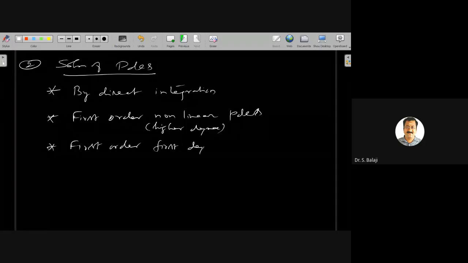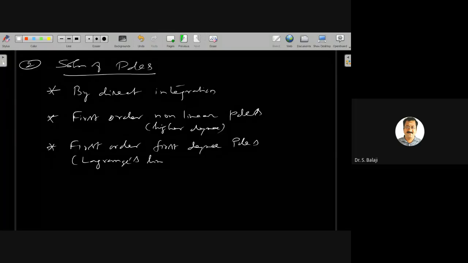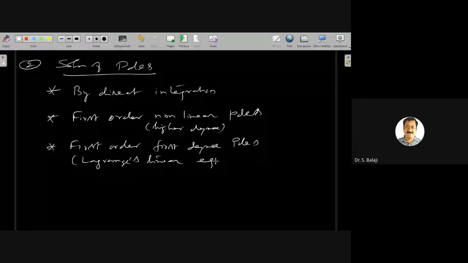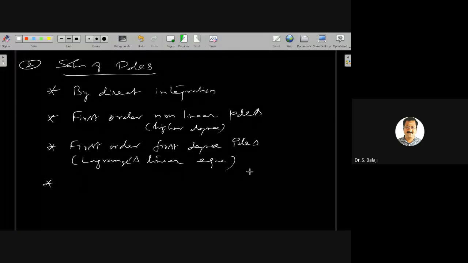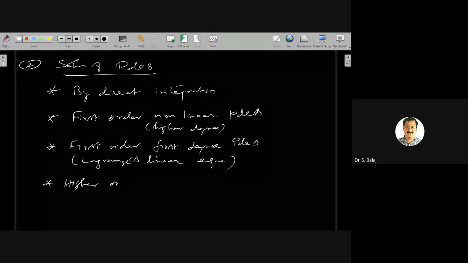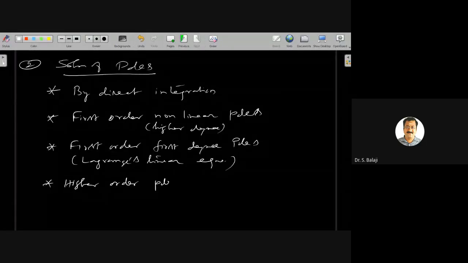And the fourth one is the solution of higher order PDEs of homogeneous type.